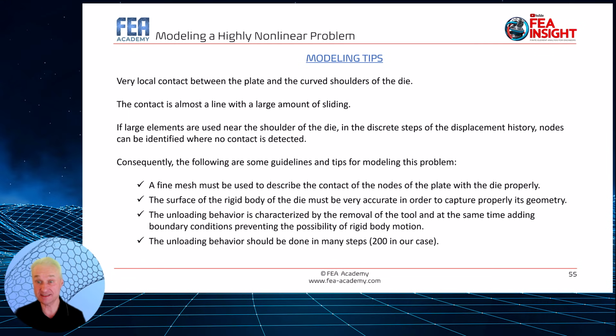In our case, it's 200. Note that in these steps, low values of the normal and consequently the friction forces are present, which makes it difficult to obtain a converged solution. So again, we guarantee that by using a lot of steps.